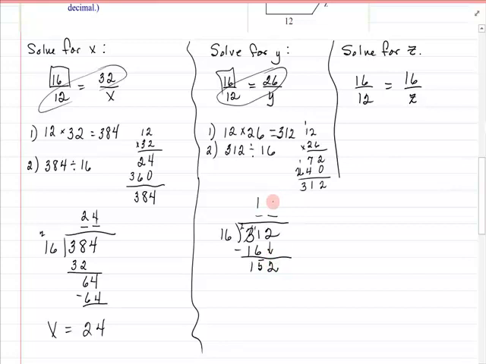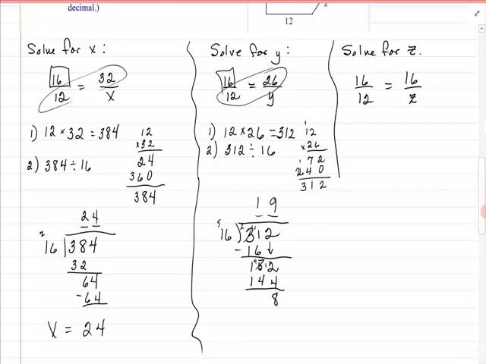And I think it will be 9. Let's see. 9 times 16. 9 times 6 is 54. Carry the 5. 9 times 1 is 9 plus 5 is 14, so 144. Okay, and that gives me a remainder of 8.